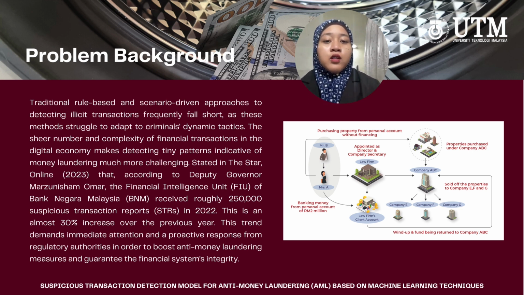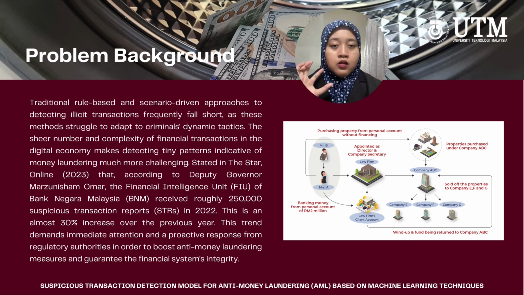As you can see from the diagram on the right, if no one reports to Bank Negara Malaysia, let's say Mr. A doesn't report, or Mr. B or anyone outside the firm doesn't report this illegal activity to Bank Negara Malaysia, this case will look like a legal activity. However, it is actually money laundering activity, and this can lead to the firm being exposed to legal consequences.